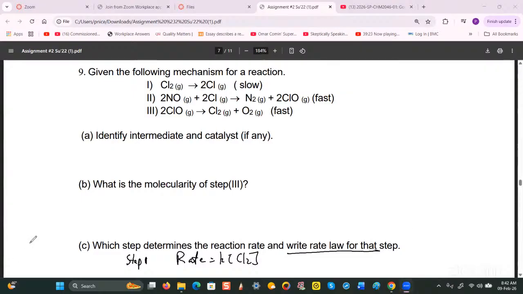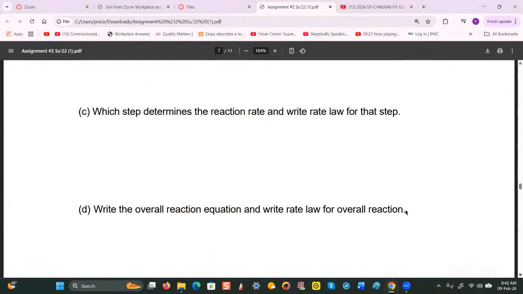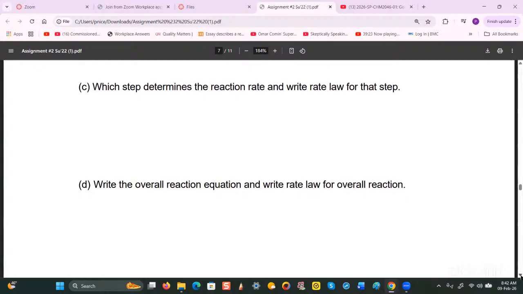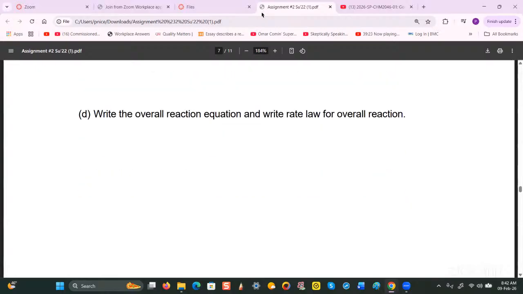Okay, let me clear this first. Now for this question, I want us to ignore this part right here. I should have taken this out. The only thing I want you to write down is the overall reaction equation.